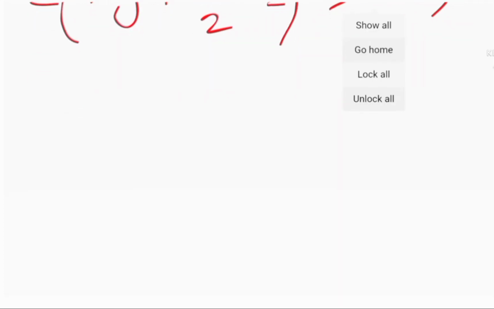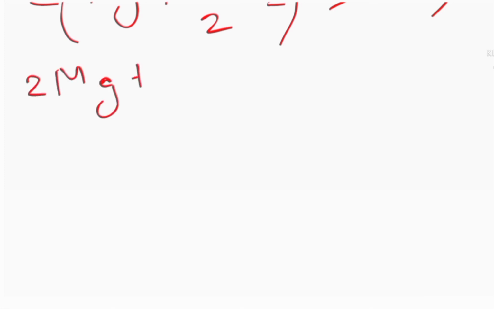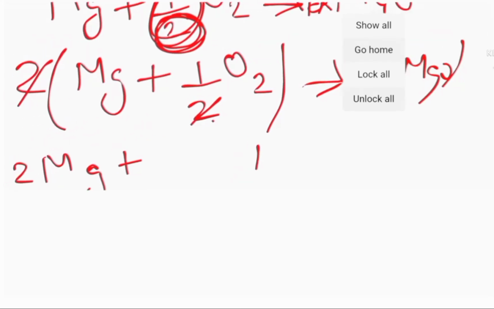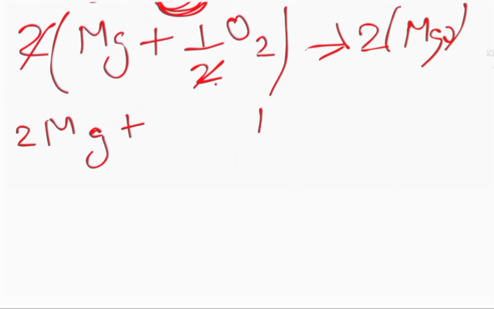Now we will get 2 Mg plus half, this 2 and this 2 get cancelled, and we will get O2, and this side we will get 2 MgO.